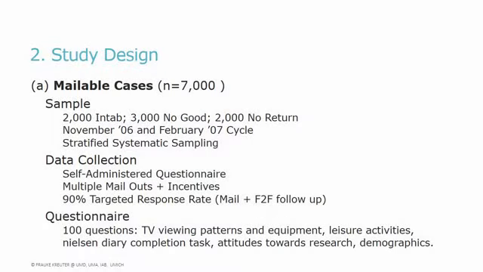The study design for that particular research question consisted of two sets of data. Those where a mailing address was available, in this case a sample of 7,000, which was composed of three different groups. 2,000 in-tabs, that's Nielsen speak for respondents. 3,000 that did return something, but it wasn't of good quality.